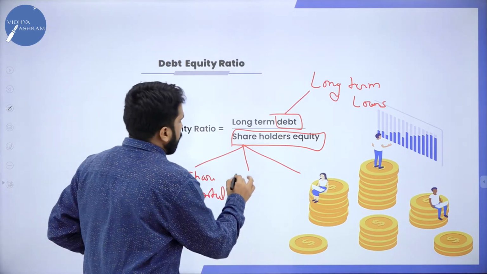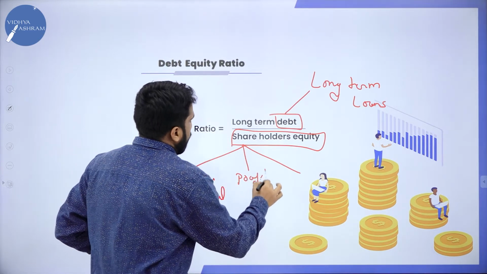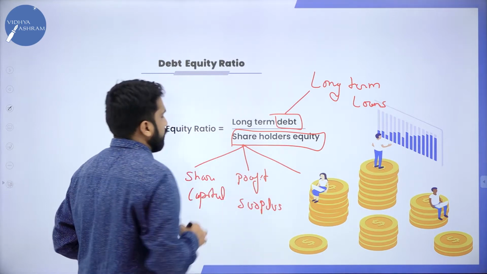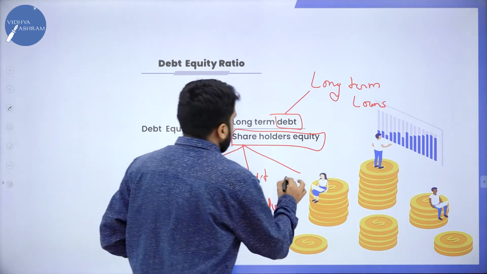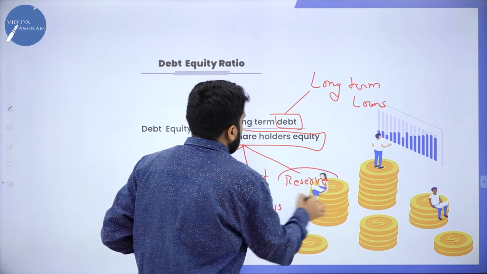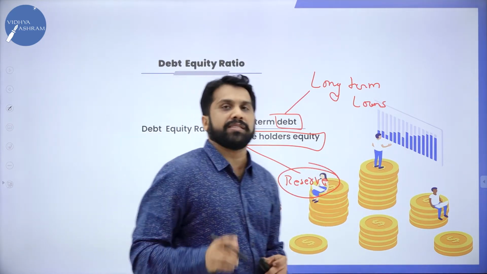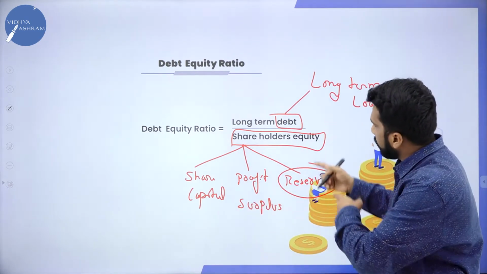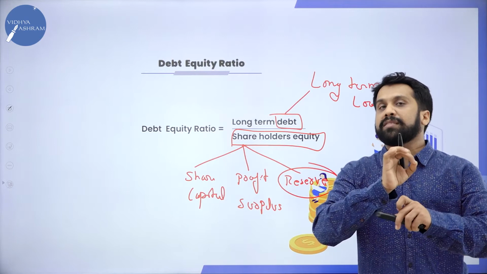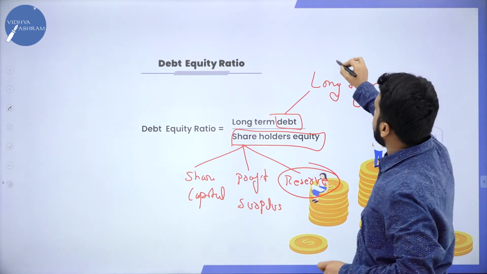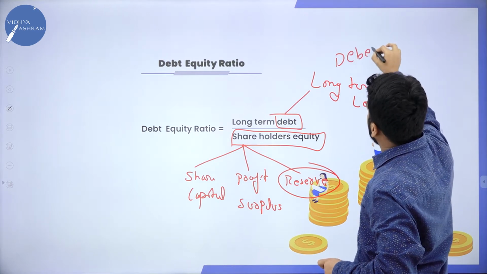Second, profit, which we can also call surplus. And the last one is reserve. These three we call shareholders equity. Remember, all your problems are based on this only. If they ask for long-term debt, then you have to go for long-term loans or else debentures.